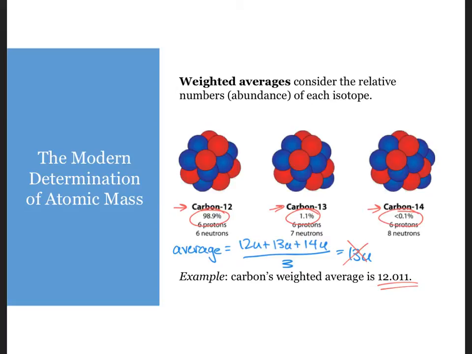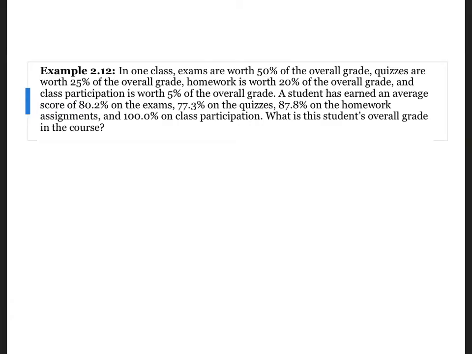Let's consider a more concrete example to demonstrate. Most of your college classes will use weighted grading, meaning that some assignments, such as exams, contribute more to your final grade than participation. Let's consider this example. In one class, exams are worth 50% of the overall grade, quizzes are worth 25%, homework is worth 20%, and class participation is worth 5%.